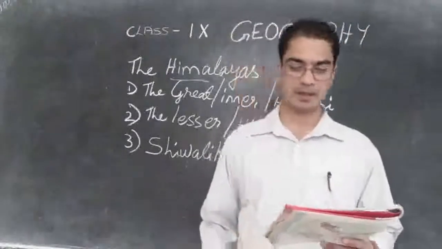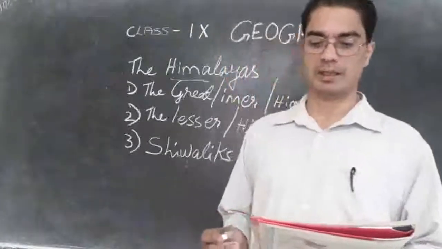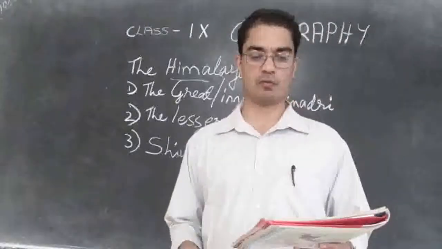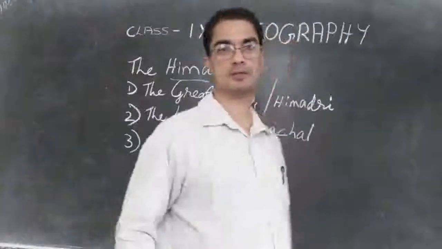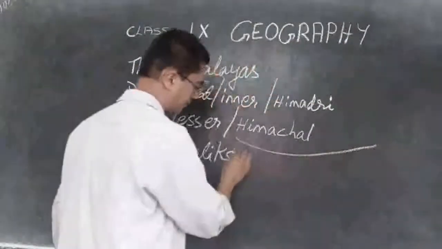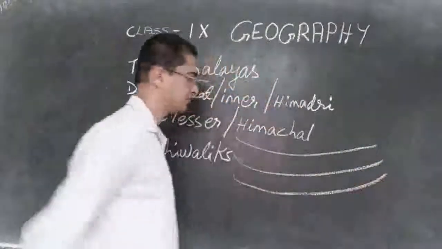Then, besides the longitudinal divisions, the Himalayas have been divided on the basis of regions from west to east. Now the Himalaya has been divided in a longitudinal way: one range, second range, third range.